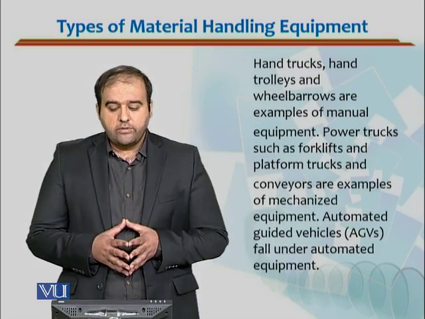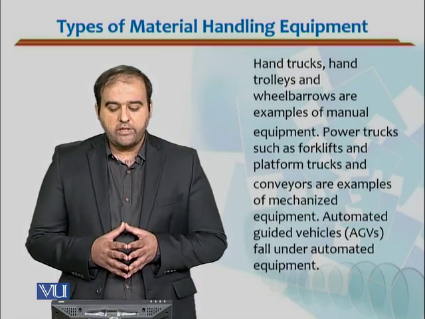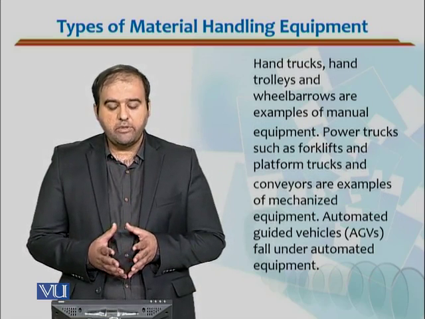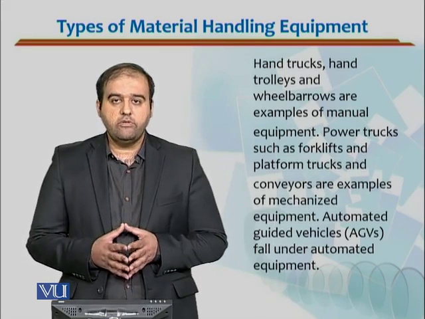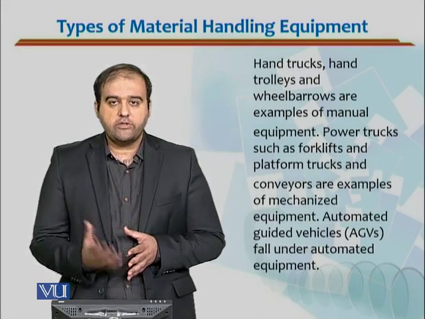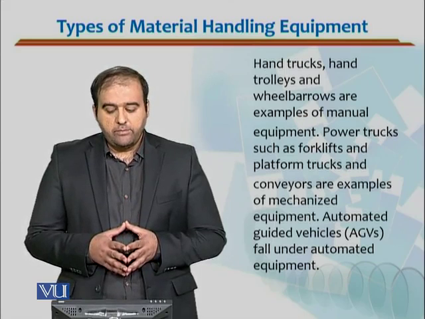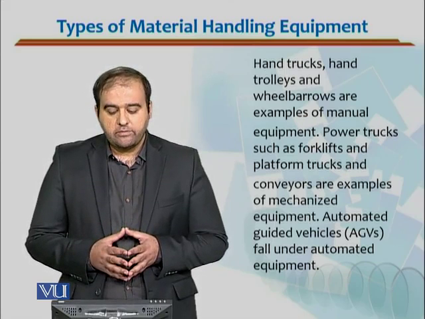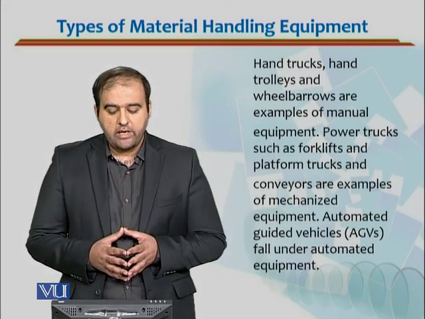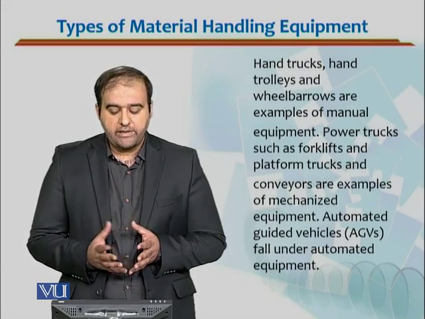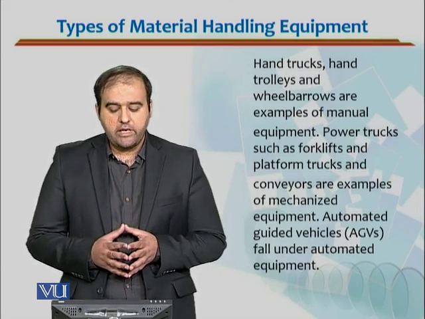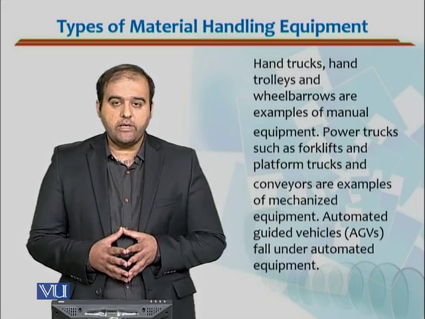Hand trucks, hand trolleys, and wheelbarrows are examples of manual equipment. Of course, you need a human operator to actually move them. Power trucks such as forklifts and platform trucks, and conveyors, are examples of mechanized equipment. Automated guided vehicles fall under automated equipment.